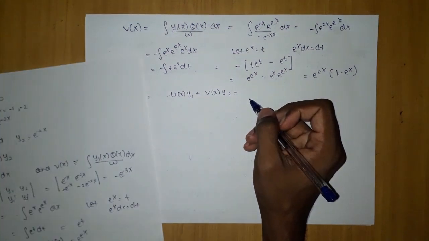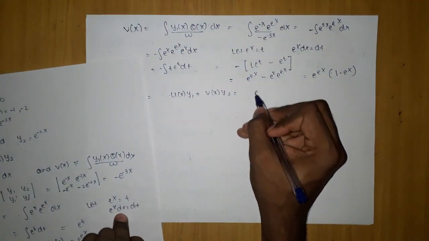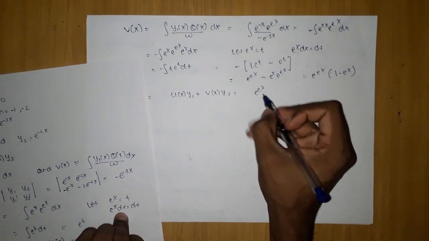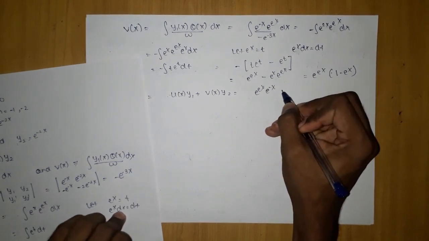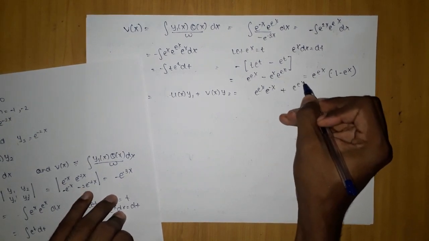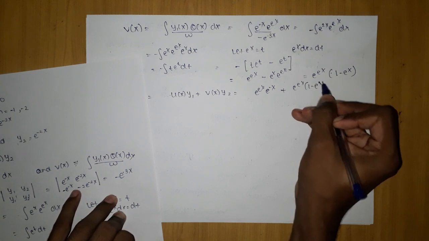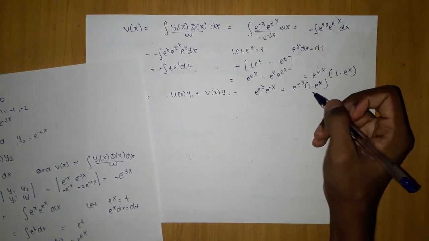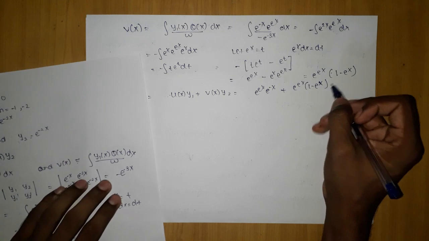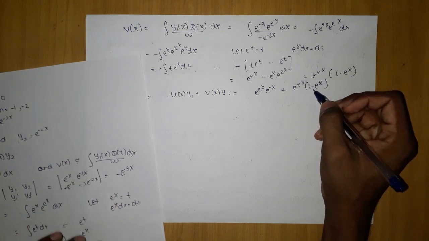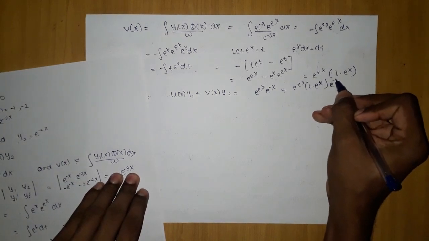Substitute the things. What is your u of x? u of x is nothing but e to the power x. What is y1? e to the power minus x. What is v of x? v of x is e to the power x into 1 minus e to the power x. And what is our y2? e to the power minus 2x.